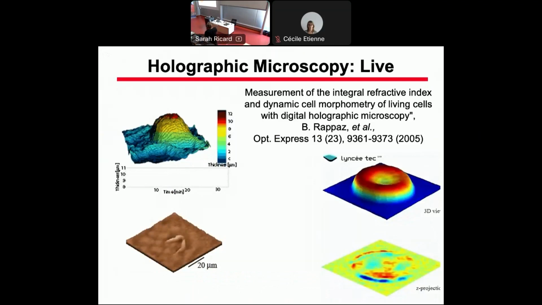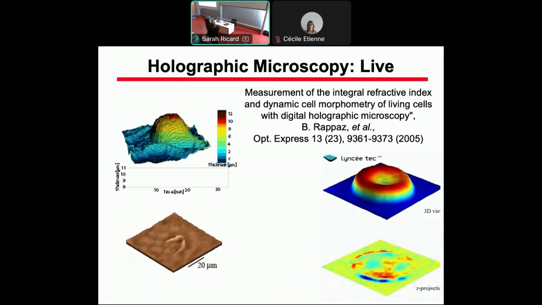Here are other examples. It's not limited by the photon budget because we use lasers. So if we want to go extremely fast, we can.